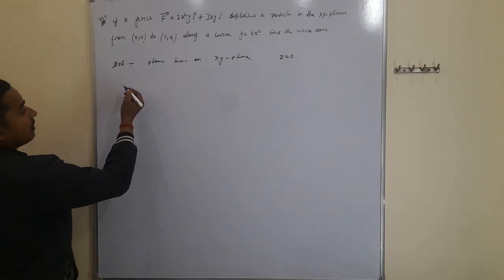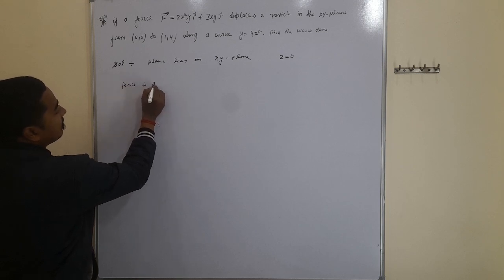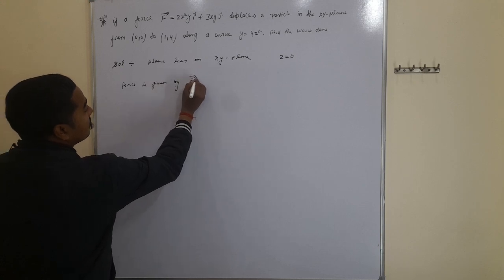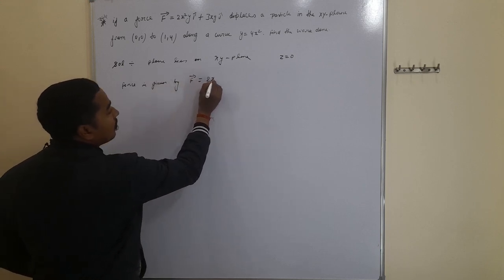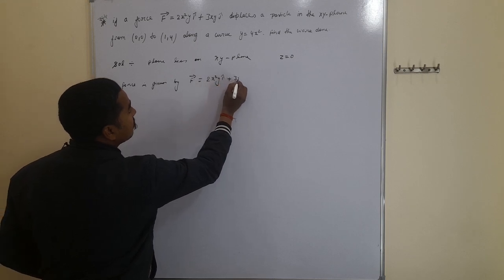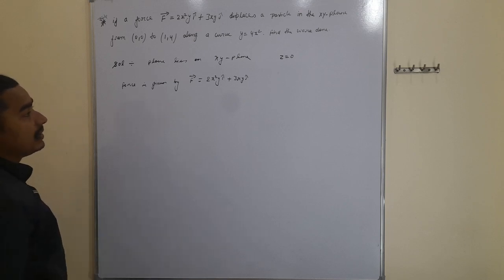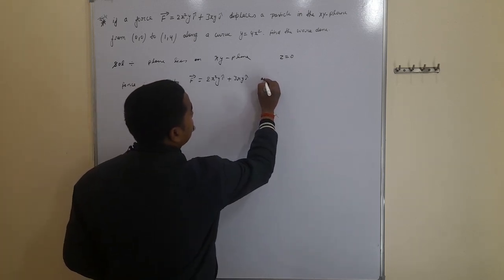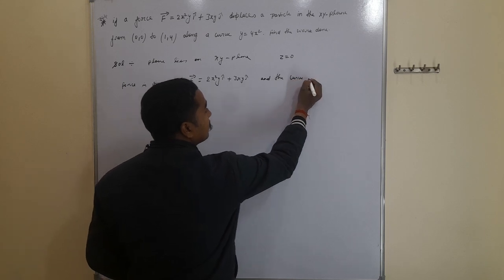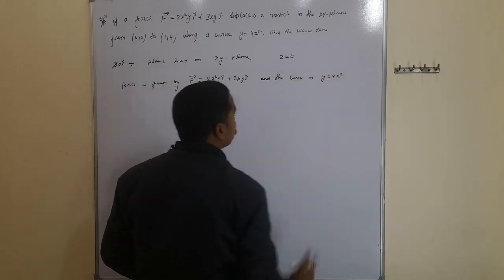The force is given by F vector equal to 2x²y i cap plus 3xy j cap, and the curve is y equal to 4x².